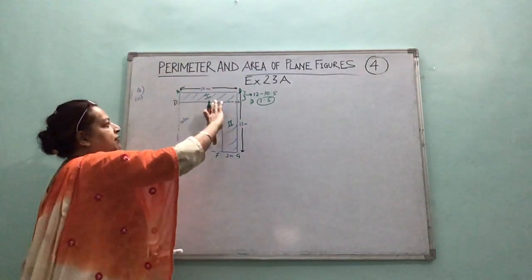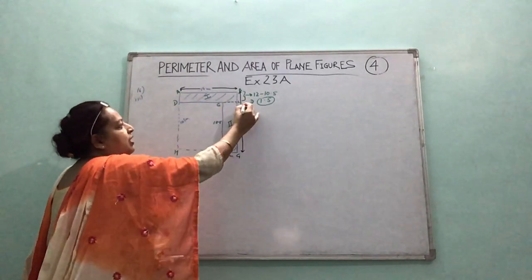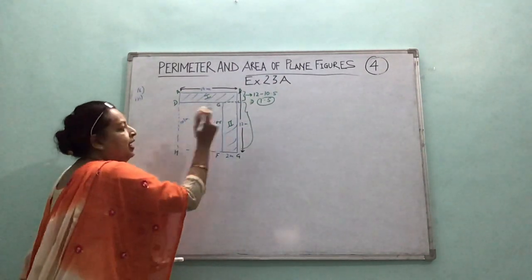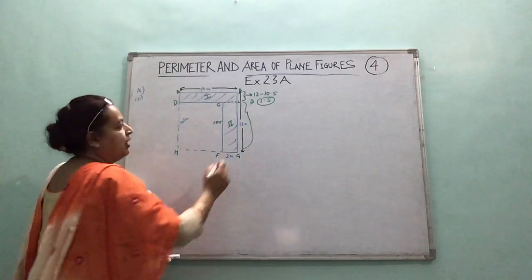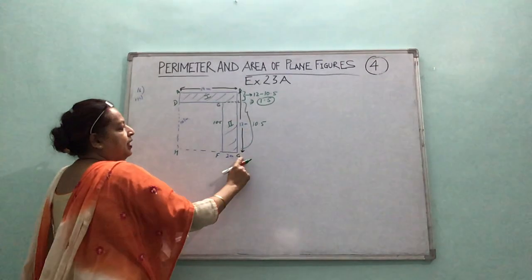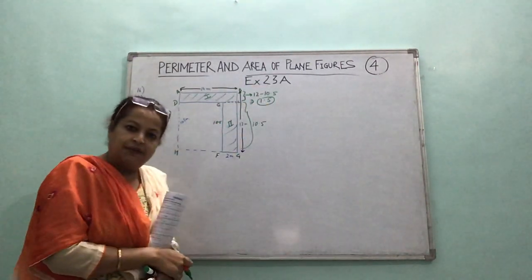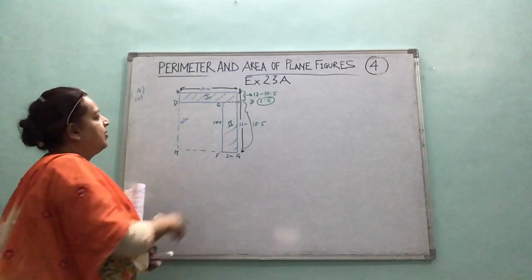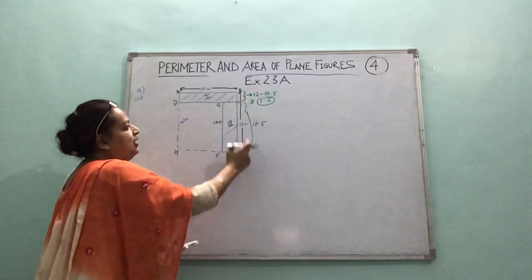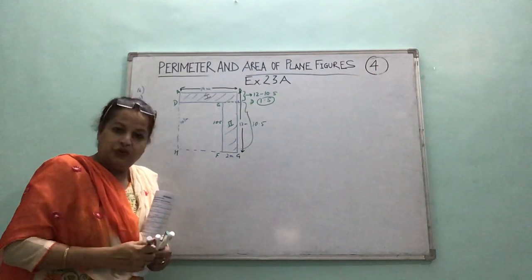If this is 10.5, this is also 10.5 and this would also be 10.5 because of opposite sides of a rectangle. Since the total is 12 and this is 10.5, BC should be 12 minus 10.5. So I have got length and width. And in the second rectangle, length and width are clear because CG is 10.5, which is length, and this is 2 meter. Now how to write?